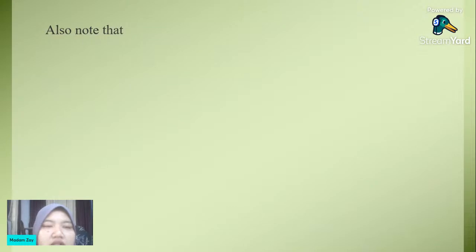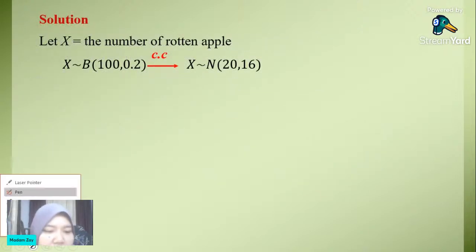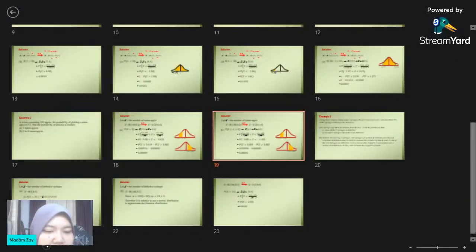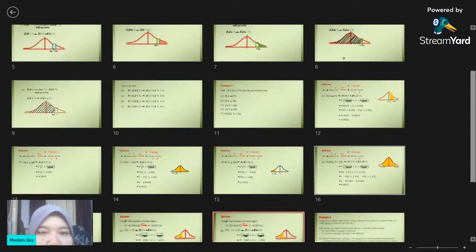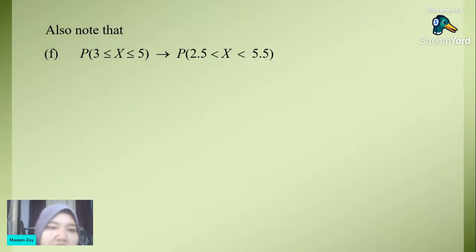Okay, now also note that probability of x in between 3 to 5.